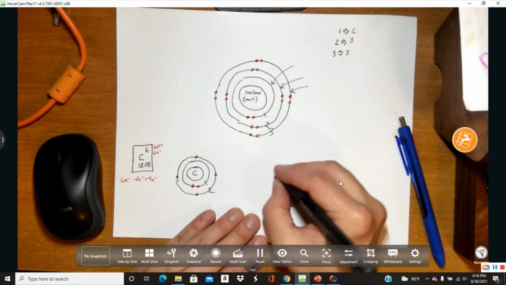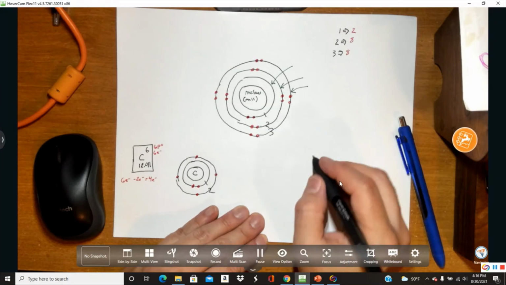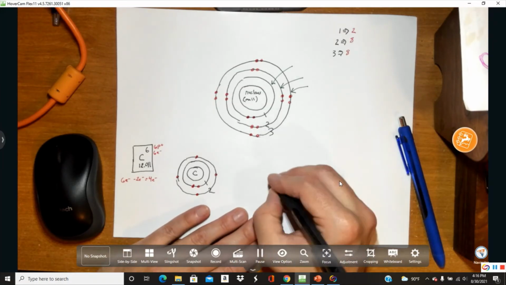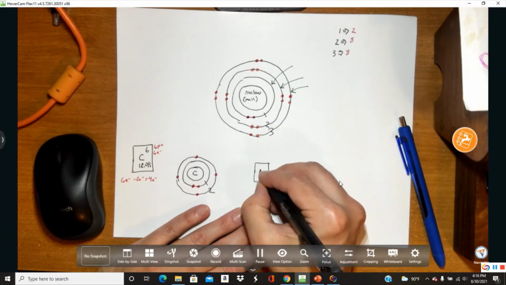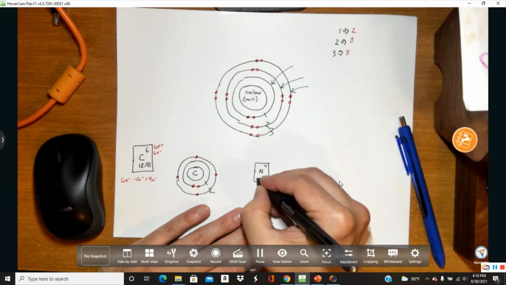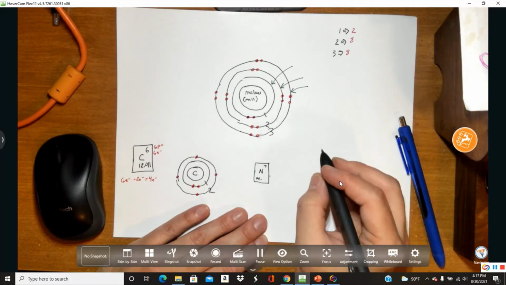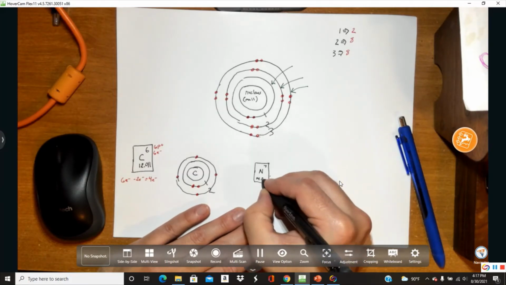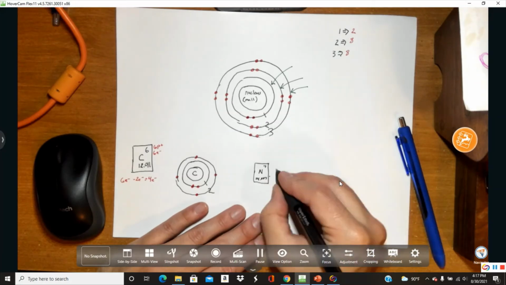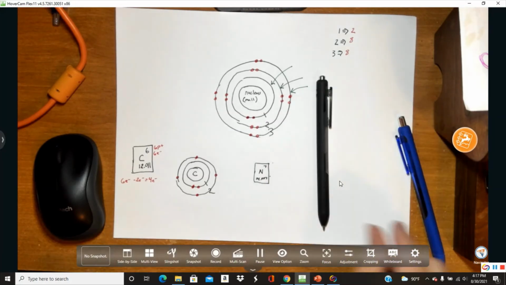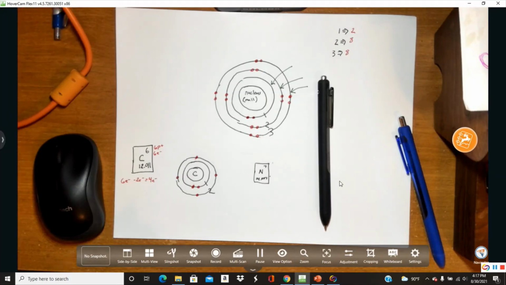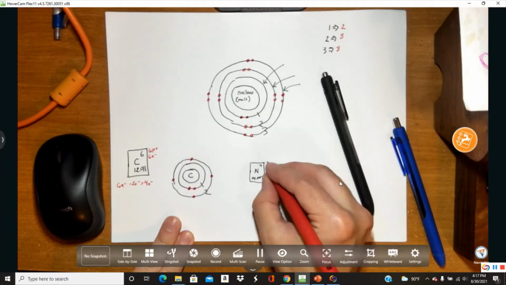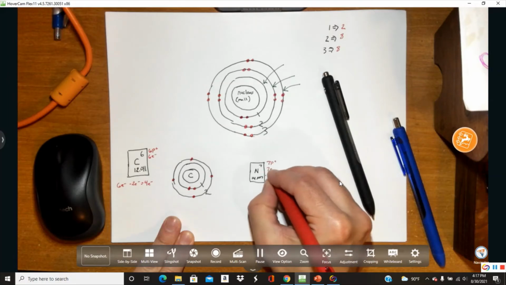Okay, let's do another one. Let's do nitrogen. We've done nitrogen before. Let's talk about nitrogen, 14.007. So we know that it has 7 protons and 7 electrons.